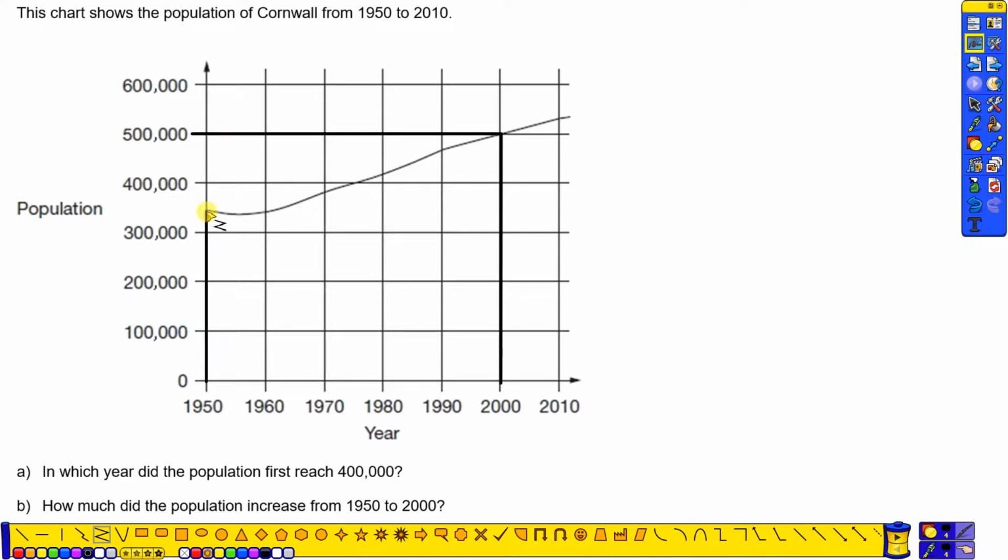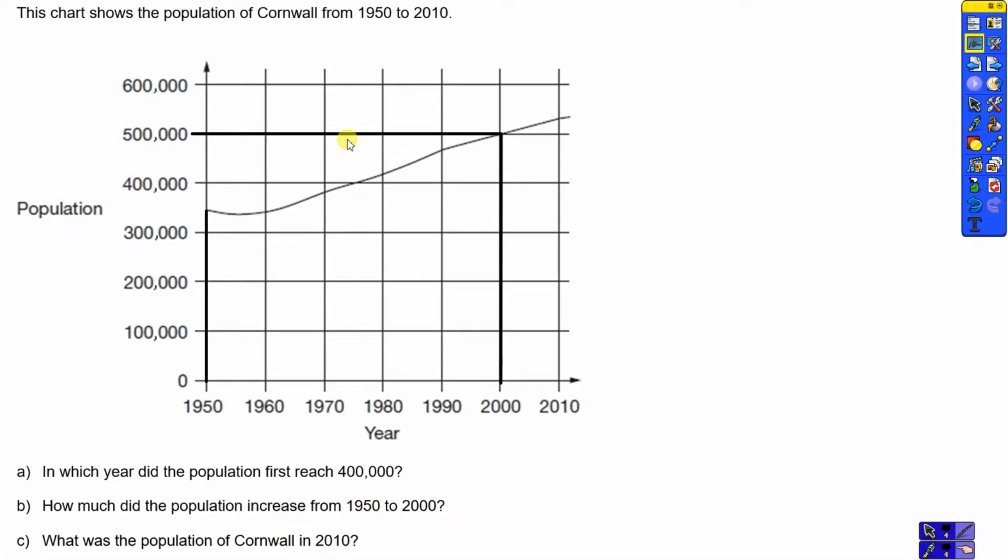We need to work out the difference, so we need to do 500,000 minus 350,000, which gives us 150,000. So the population increased by 150,000 in those years.